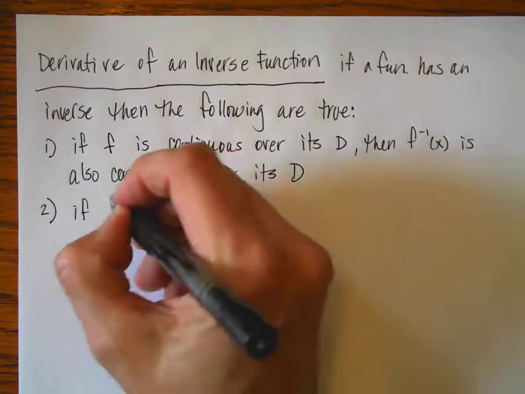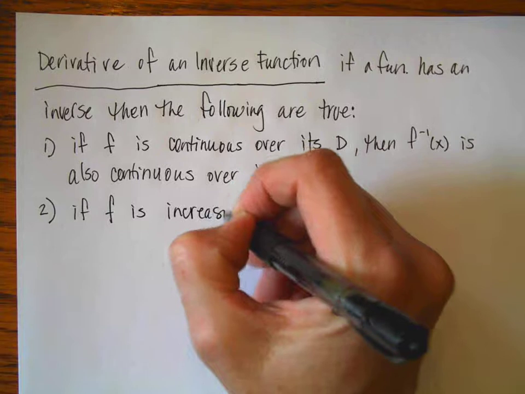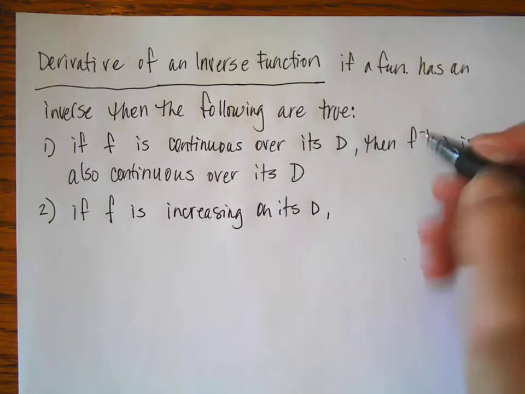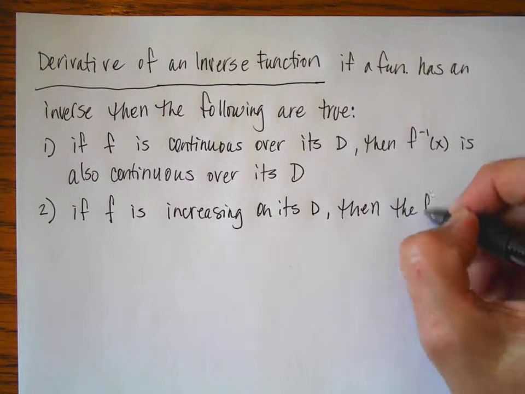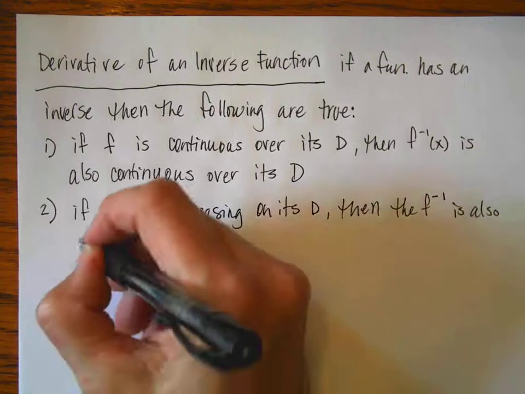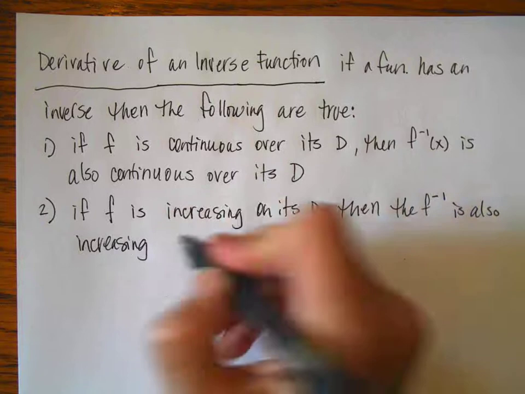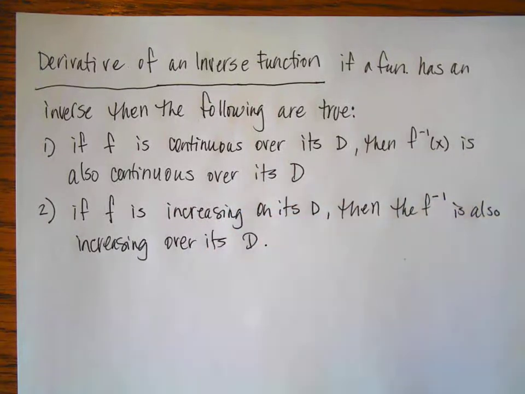The second thing that's true is if f is increasing on its domain, then the inverse is also increasing over its domain. A lot of writing today. Okay, so if it's true for one, it's true for the other.